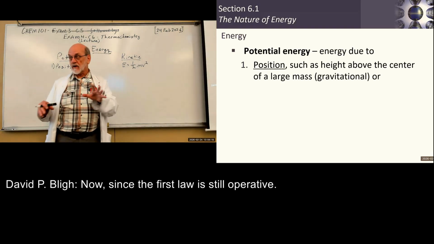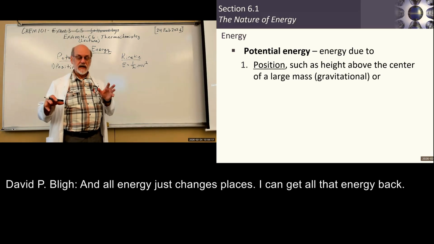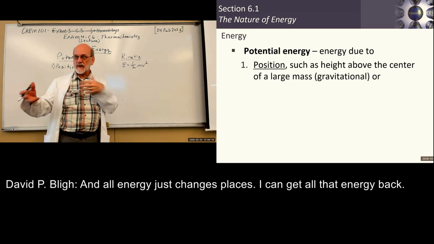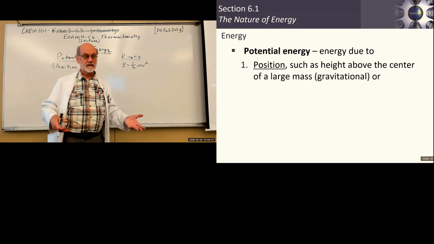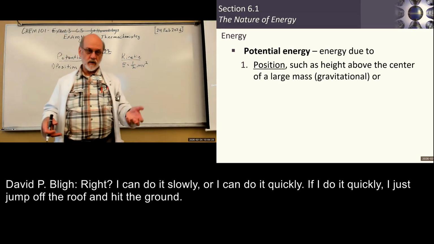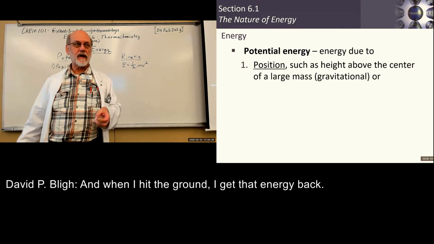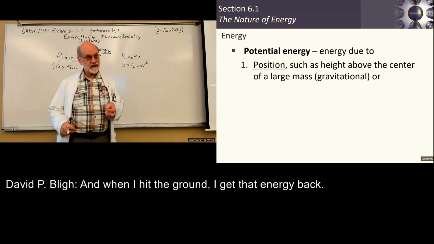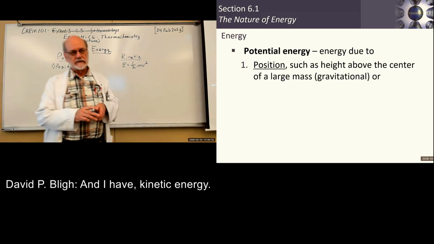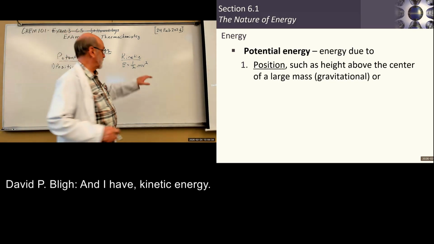Now, since the first law is still operative and all energy just changes places, I can get all that energy back, right? I can do it slowly or I can do it quickly. If I do it quickly, I just jump off the roof and hit the ground. And when I hit the ground, I get that energy back. Now I have kinetic energy.